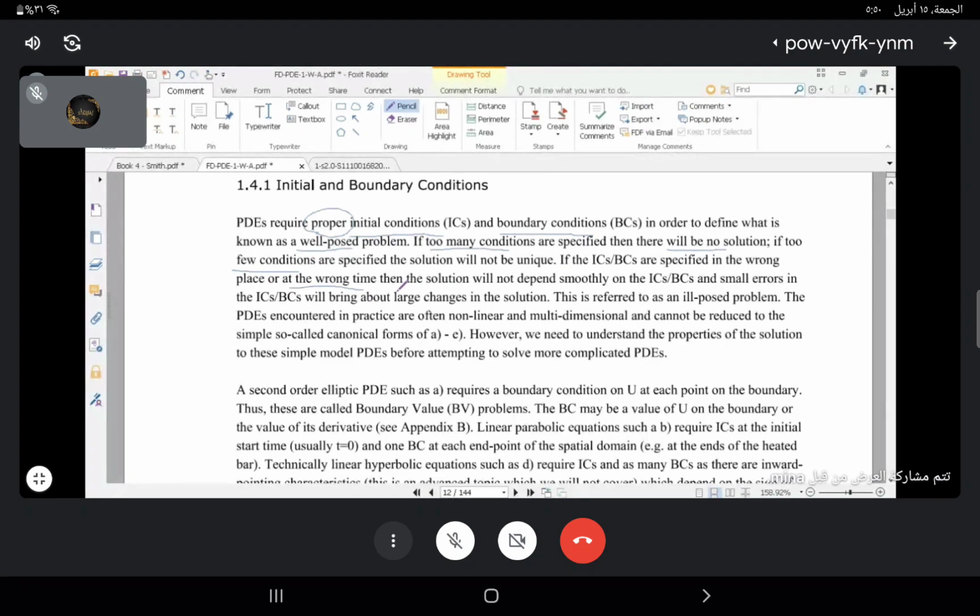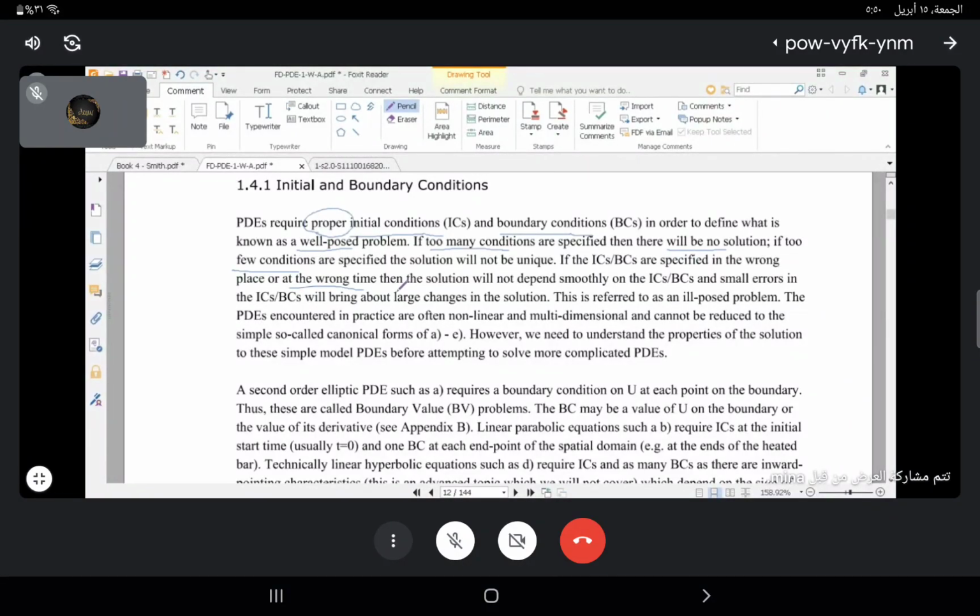The goal of this part, please be careful and pay attention to me. This part wants to say that ICs and BCs are important. When we have PDEs, the ICs and BCs should be determined properly. If they are not proper, they cause an ill-posed problem.